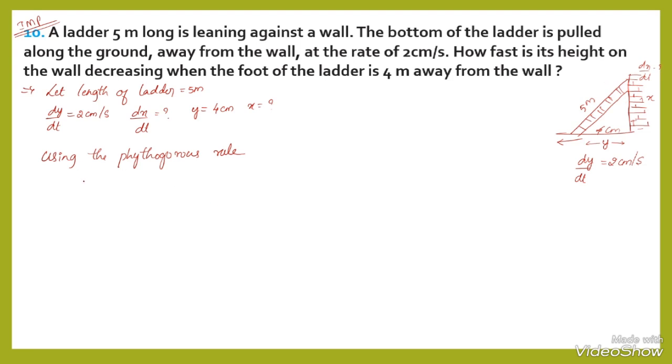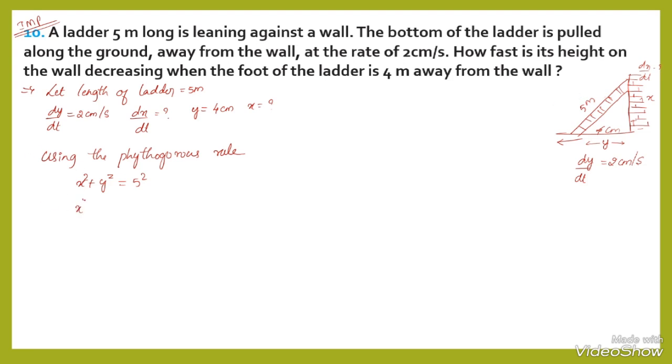By using the Pythagorean formula, I can write x square plus y square is equals to 5 square. We know that the sum of squares of two sides is always equal to the square of the third side, the hypotenuse.